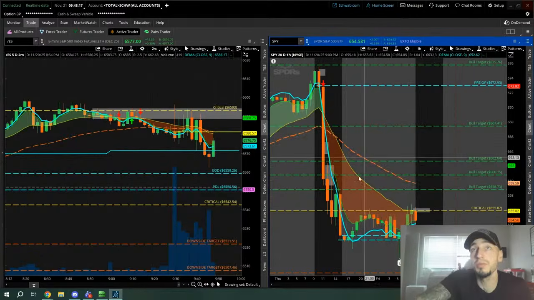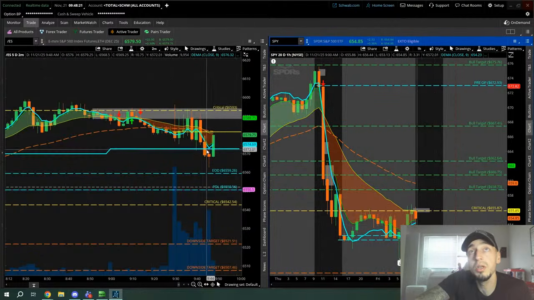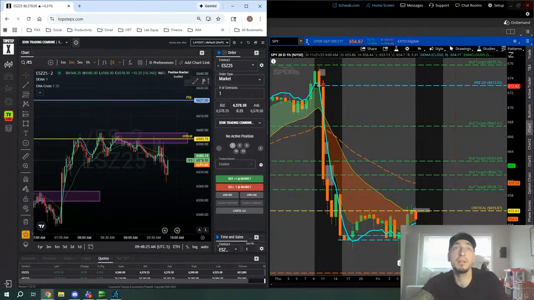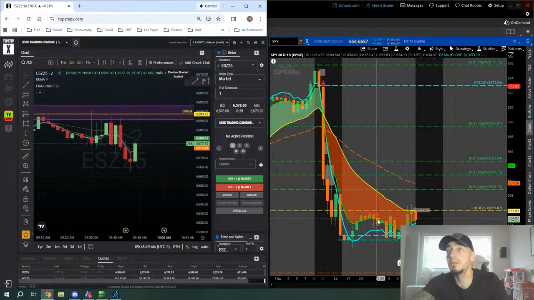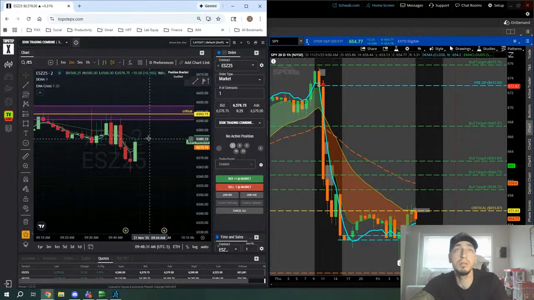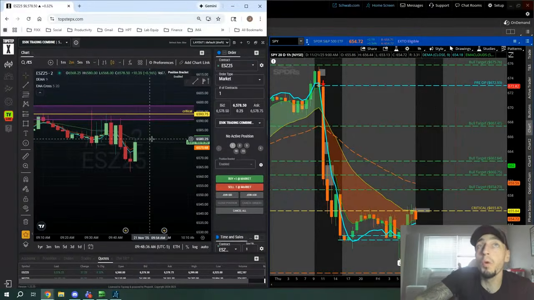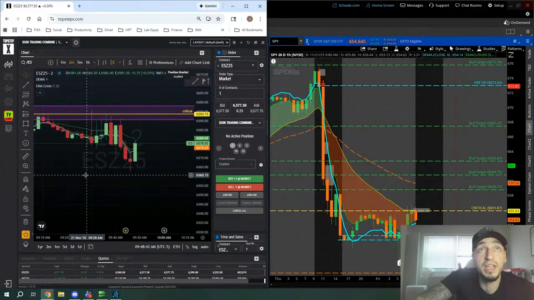Watching that 2 minute. Close. Watch the 2 minute 20. I will take a short play there. This is key right here. Let's let this unfold. Potential short play here as we approach the 2 minute 20.